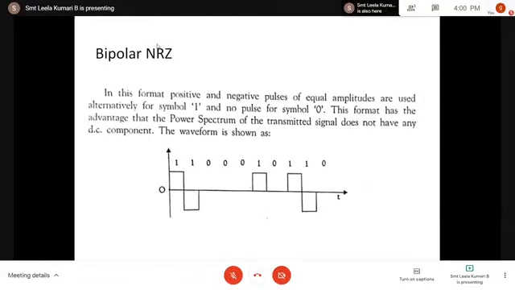Next is bipolar non-return to 0. In bipolar non-return to 0, positive and negative pulses of equal amplitude are used alternatively for symbol 1.